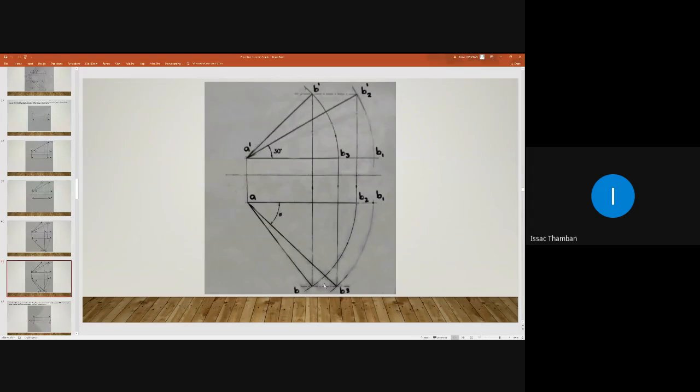So through point B3, you are drawing the locus plane, then erecting a perpendicular from B dash and intersecting it here. And you can name it as point small b. This is small a, this is small b. You can connect by means of a straight line, and that is the plan of line AB.